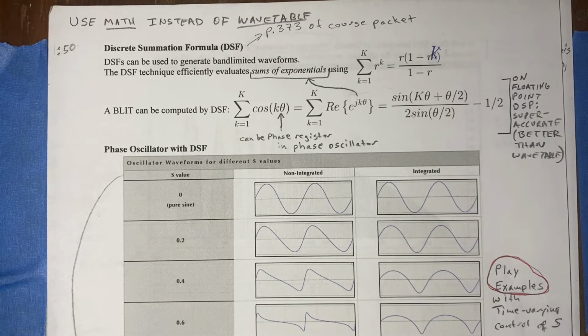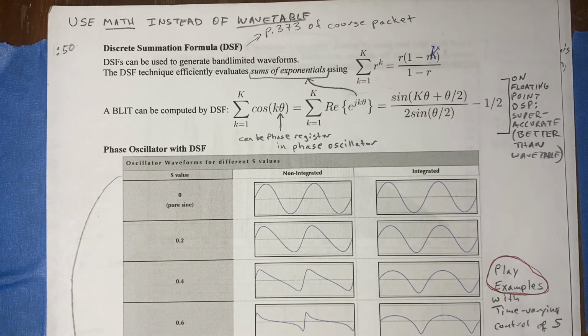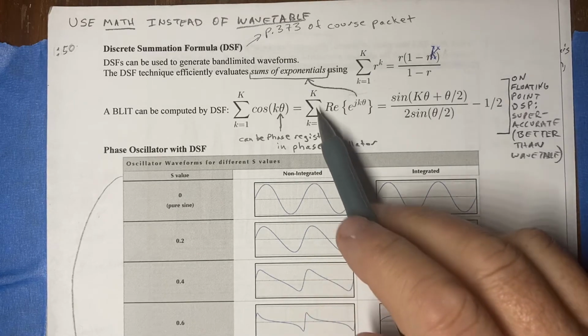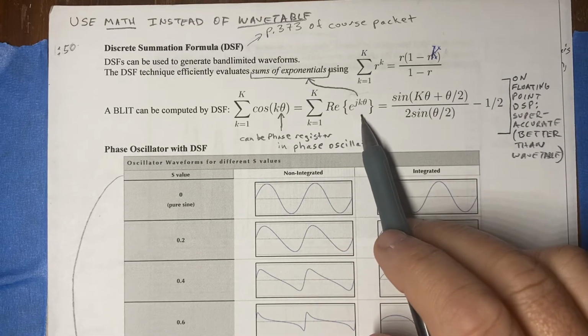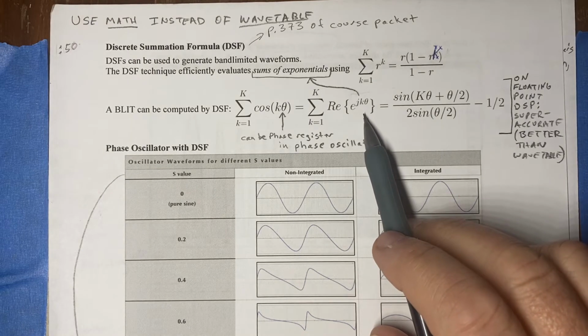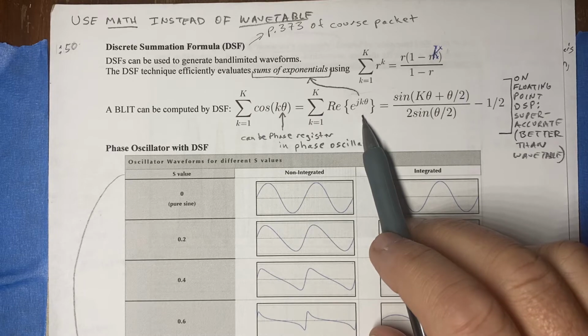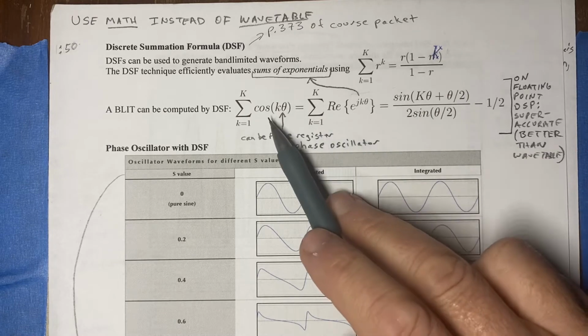So you can write that as a sum of exponentials. You need to write it as a sum of exponentials if you want to use this DSF trick. So you write the sum for k equals 1 to big K of the real part of e to the j k theta. You know this. The real part of this is the cosine.